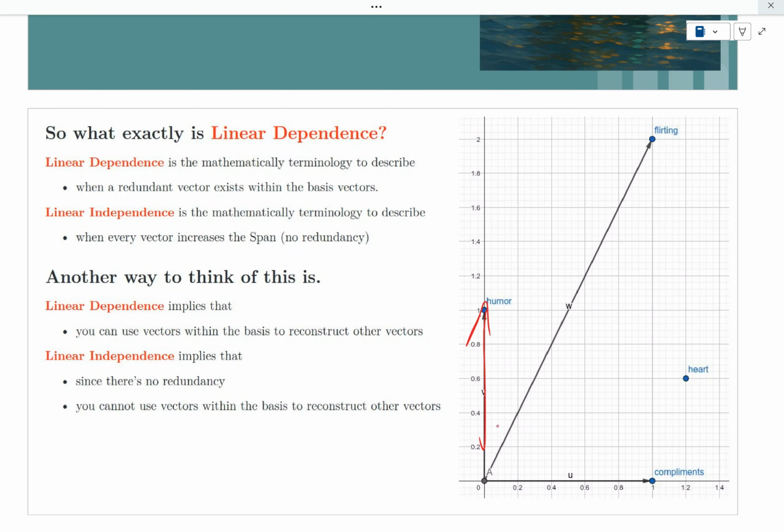So two of them can be used to reconstruct this one, and these two can be used to reconstruct this one. That's when there's dependence. Independence means that you cannot use any combination to reconstruct another vector.